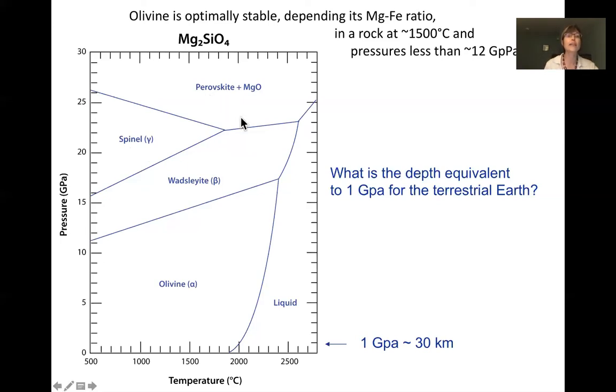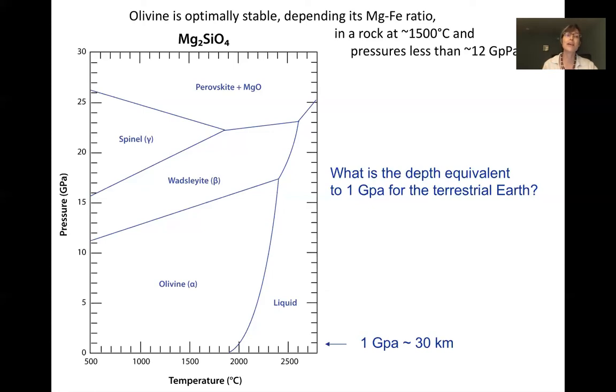And then finally, if we were to take wadsleyite here at roughly 2000 degrees centigrade, and actually this is my control panel, yes, 2000 degrees centigrade, and we raise the pressure, we would actually create a situation where perovskite would be the result of that metamorphism.